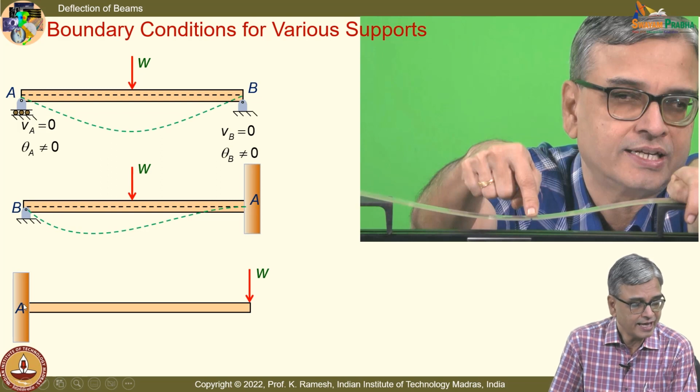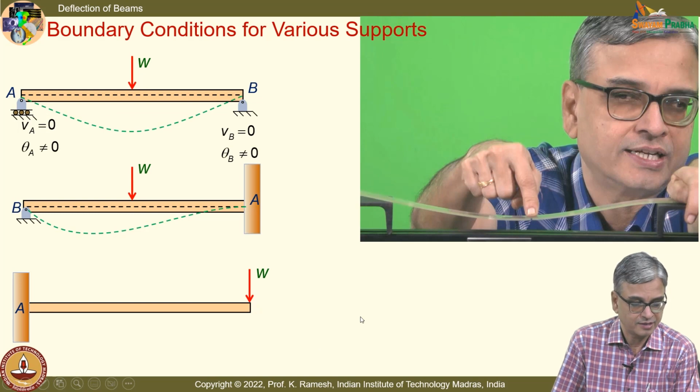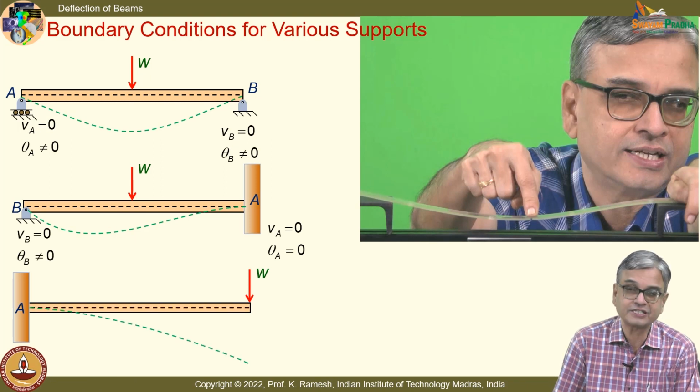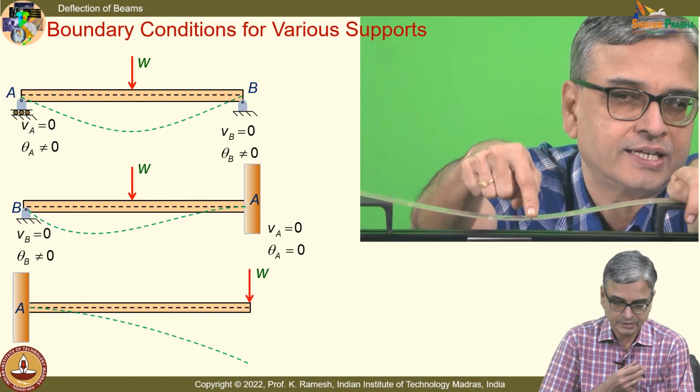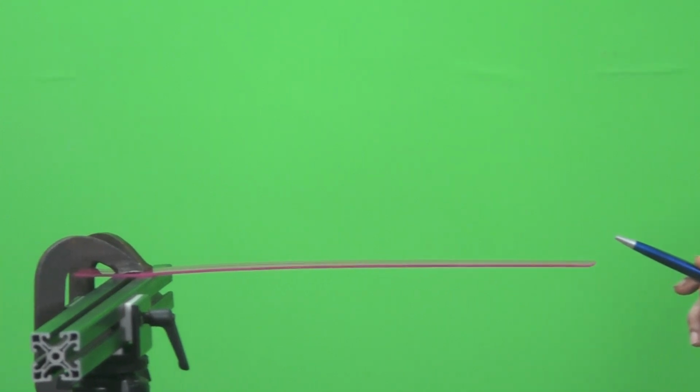Okay. Here I have shown a beam and this is a free end. Fine. So, when I have this, I will have a deflection like this. And I will also try to show an experiment. See, I have two cantilever beams, okay.